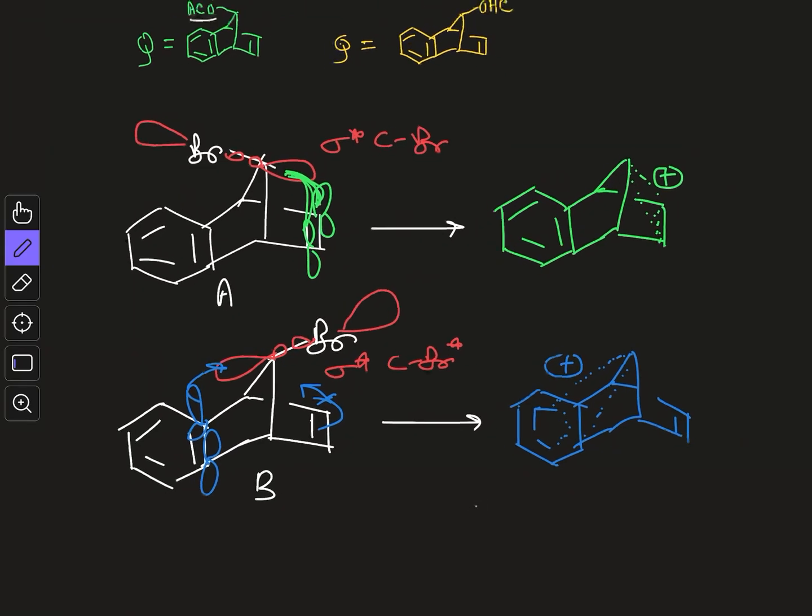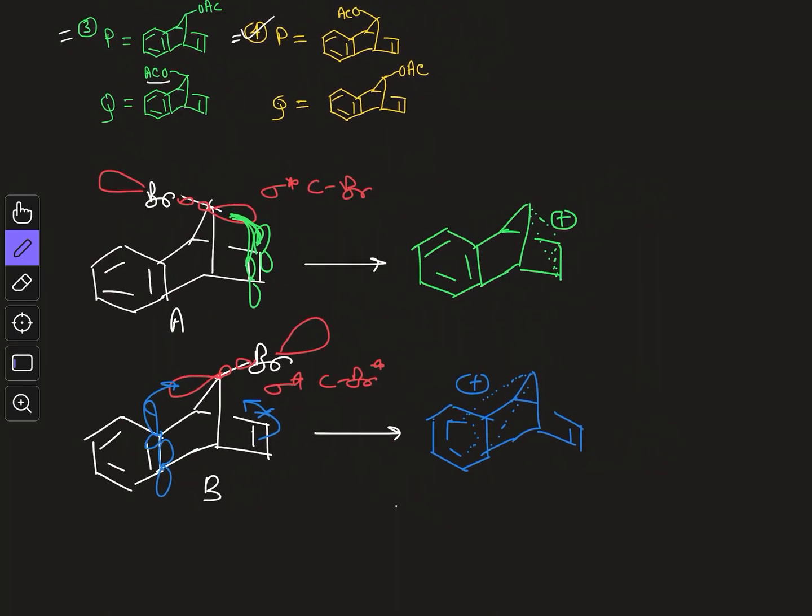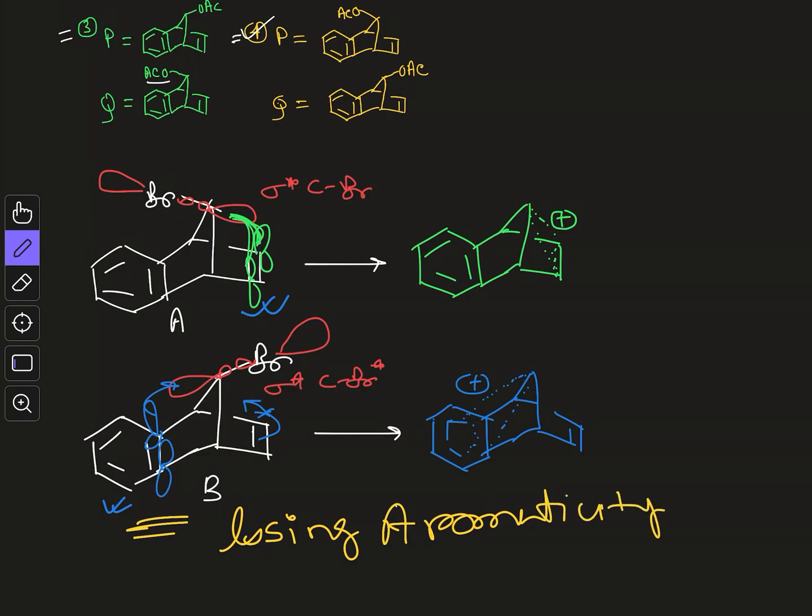Now the question is, which participation is easier, whether from the pi bond or from the benzene ring? If you consider the electron content, then of course the benzene ring has much higher electron content than a normal pi bond. But at the same time, whenever the benzene ring is participating in this type of neighboring group participation, it is losing its aromaticity.